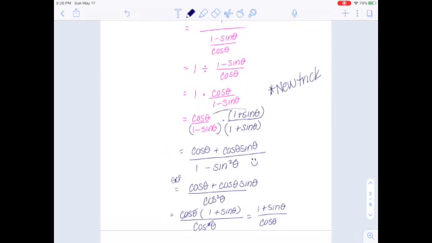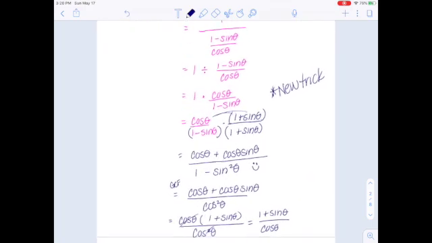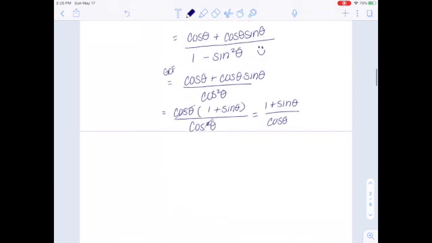And you might have honestly lost track of what the heck we were even trying to prove. We need a secant of theta plus a tangent of theta. And don't we have that if we were to just break up this fraction? So 1 over cosine of theta plus sine of theta over cosine of theta.